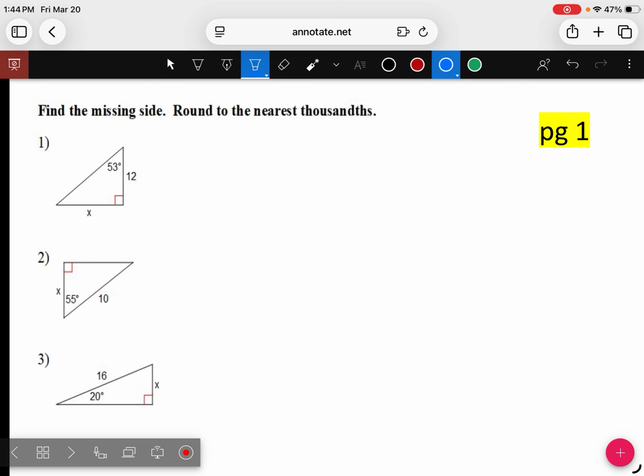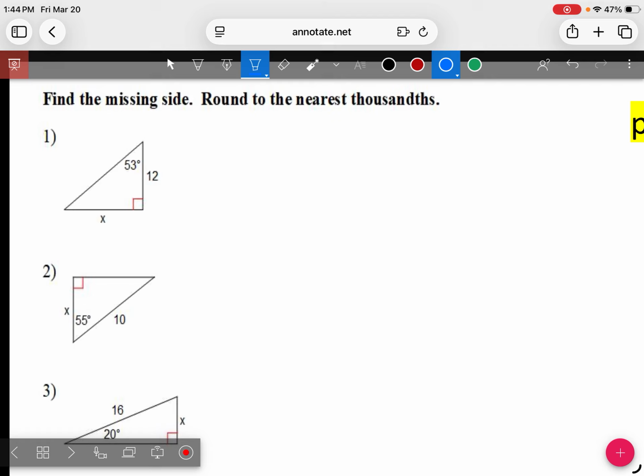Let's go. So hopefully you remember how to find opposite, adjacent, and hypotenuse. If not, we're going to review. This is the angle I'm talking about. Opposite of the 90-degree angle is always the hypotenuse. All right, so that means that this side is my hypotenuse.